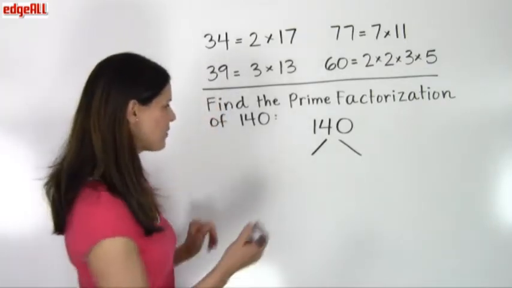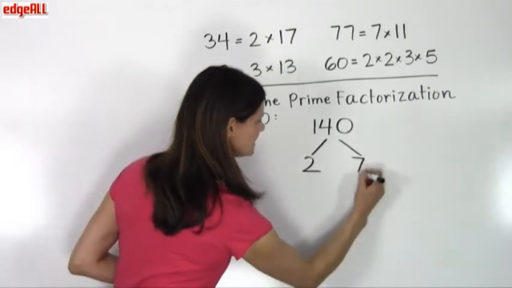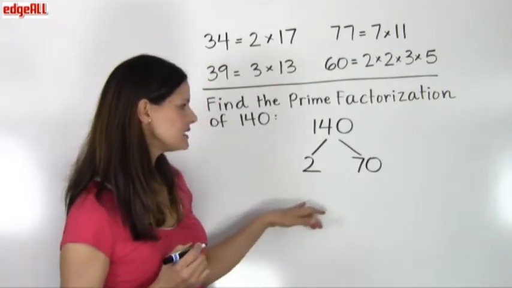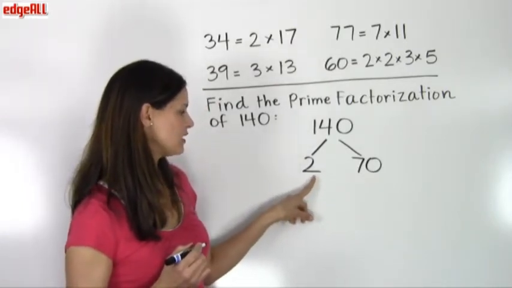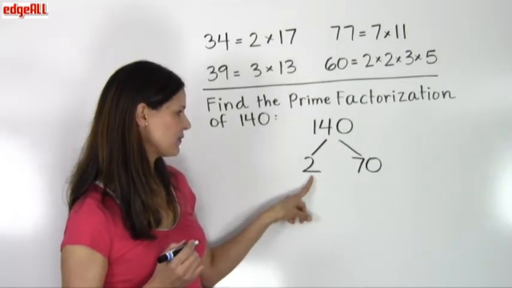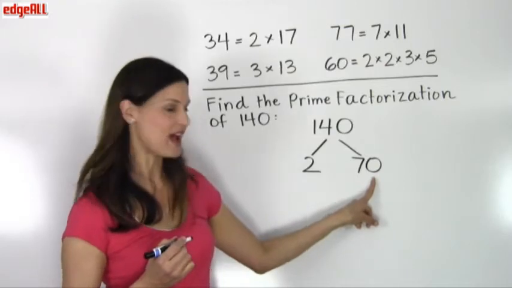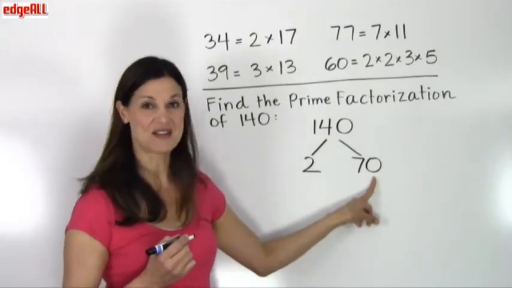So I break that 140 down into its factors of 2 and 70. Now, since 2 is a prime number, this is where we will keep this 2 here, and we'll move on then to finding more primes that are factors of 70.